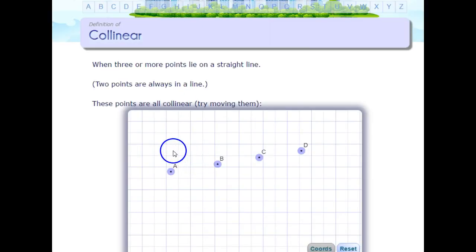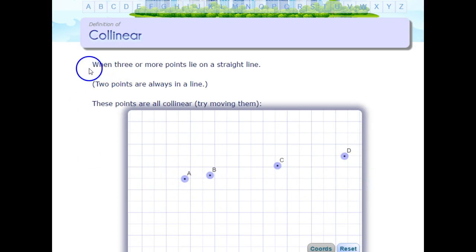Alright, our last definition is collinear. Notice co, which is with, line. So we know that it's going to have to do with something with the line. So we have all these points, as you see, A, B, C, and D. And what you should notice is that no matter what way I move this A or I move this B, or I move this C, no matter what, they're still forming a straight line.